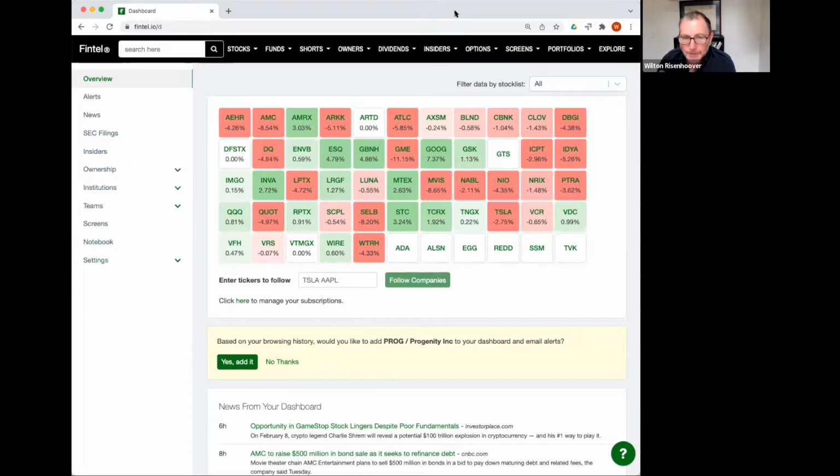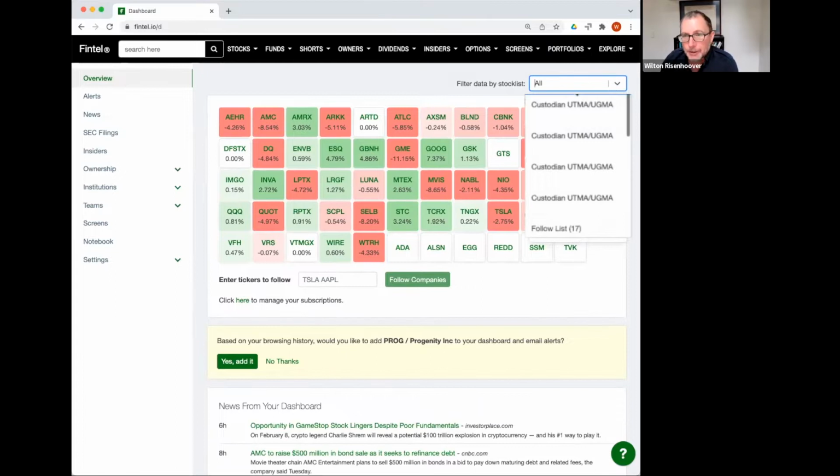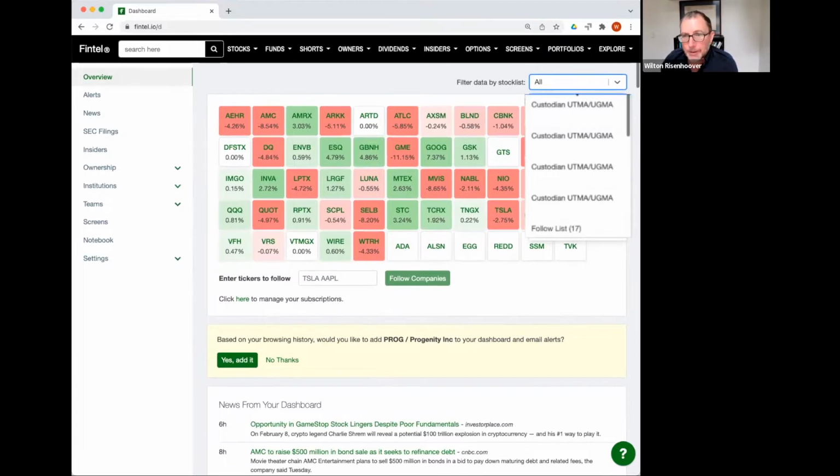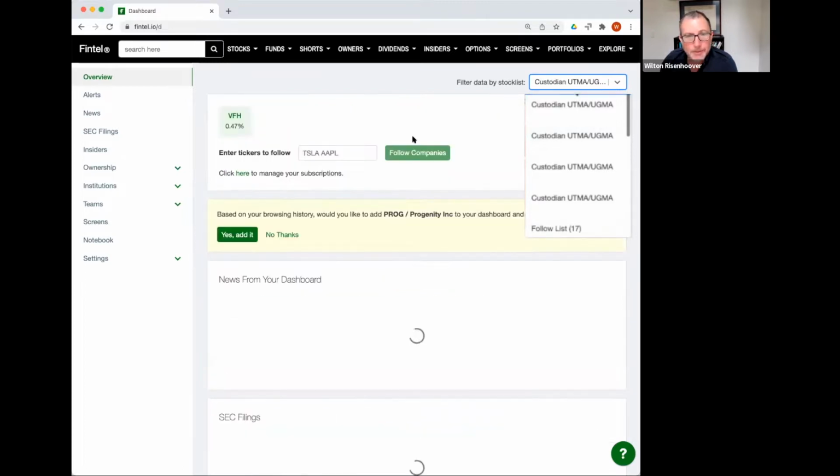I obviously use Fintel, and I do trading in my own accounts. And trying to keep my dashboard updated is a real pain in the neck, because I have to go make a trade and then I have to come to Fintel and add something to my dashboard or remove it. So I've got my dashboard linked now to my accounts, and I can pick my accounts, and it will tell me what I have.